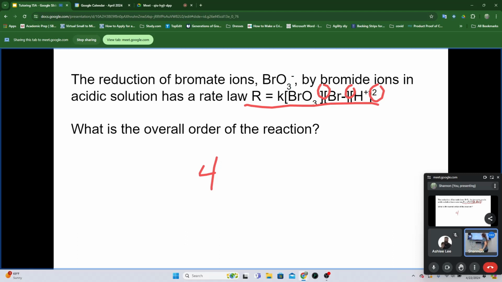This bromate here has an unwritten 1 exponent. This bromide ion has an unwritten 1 exponent, and 2. So 2 plus 1 plus 1 is 4.